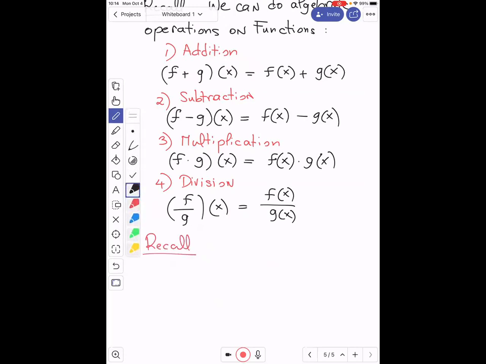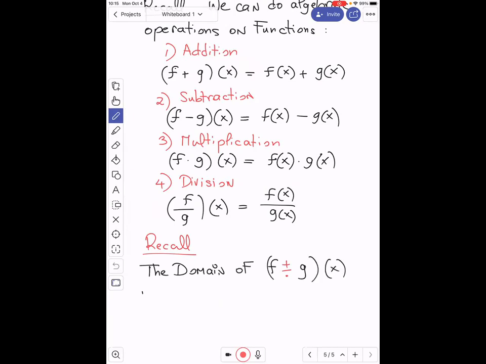We said the domain of f plus g, or f minus g, or f times g of x, where of course it's plus, minus, times, the domain of f times g.